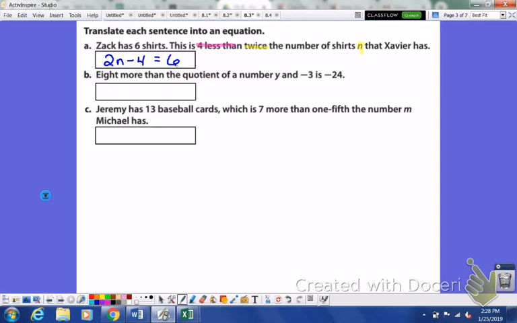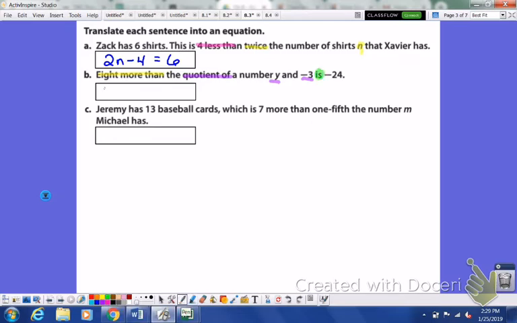Number 2, 8 more than the quotient of a number y and negative 3 is negative 24. So picking out our key pieces here, 8 more than, that's addition. The quotient of a number y and negative 3, and then is, doing green here, is tells us there's your equal.